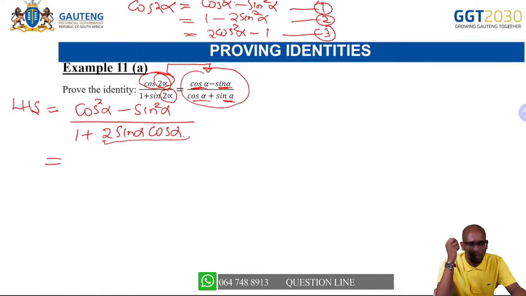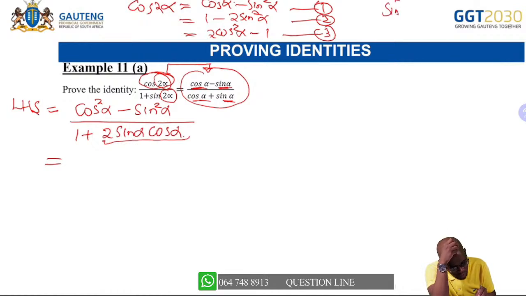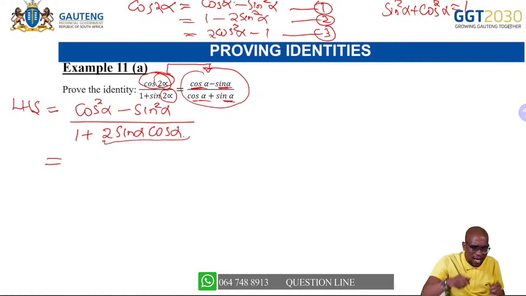Sine squared plus cos squared, because we know sine squared of alpha plus cos squared of alpha is equal to 1. And this will help you. It will help you unlock a perfect square trinomial.